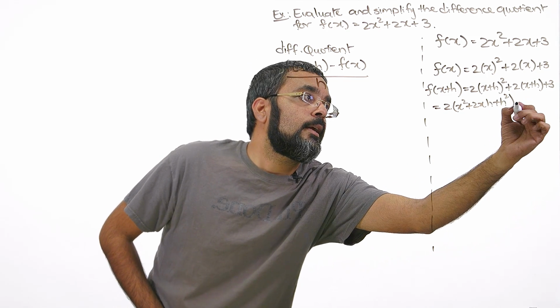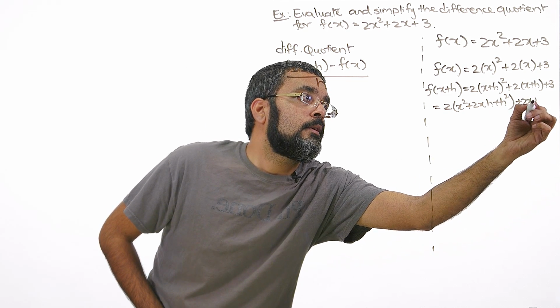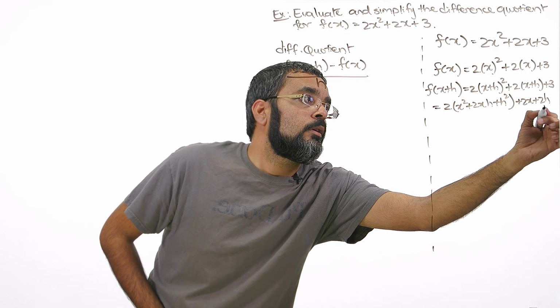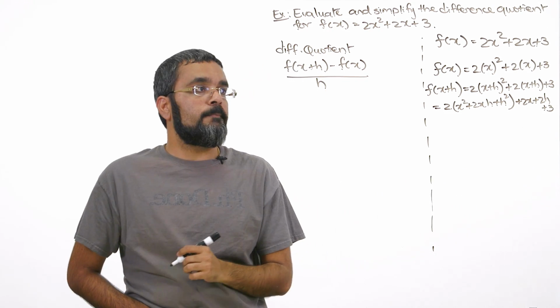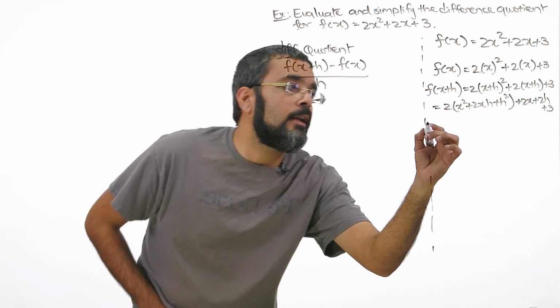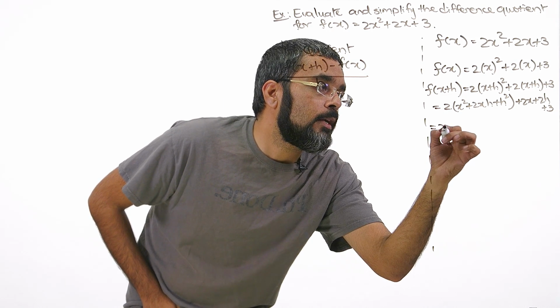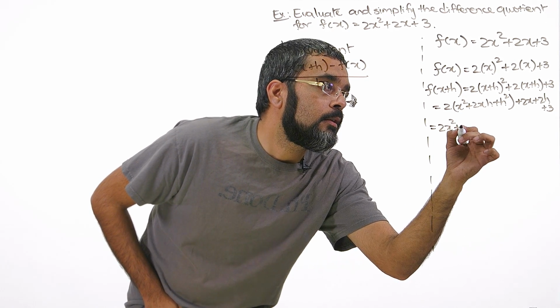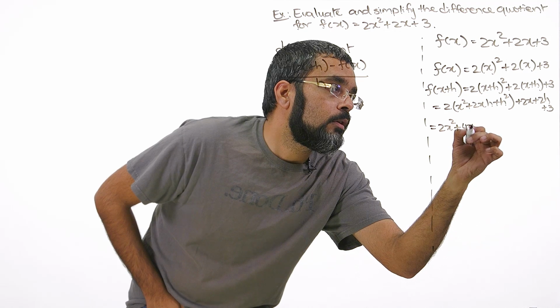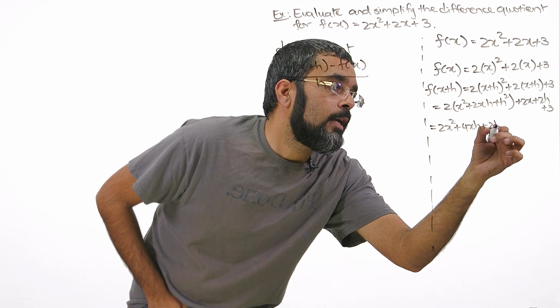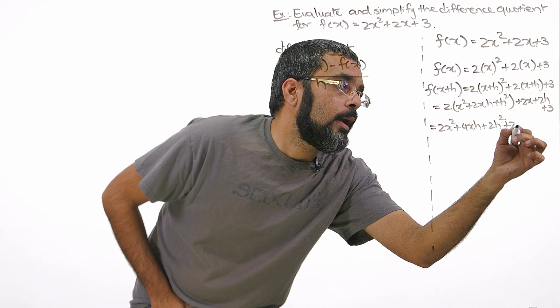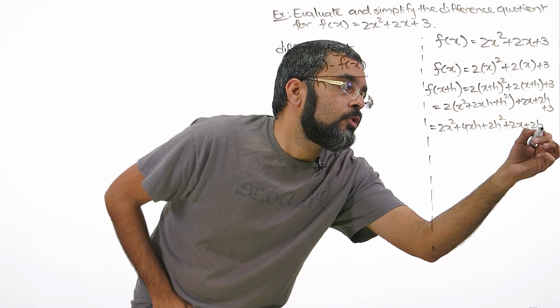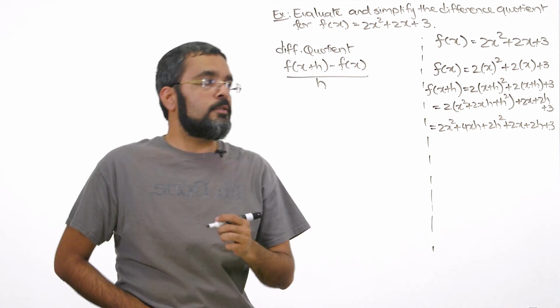Distribute the 2 inside, I get plus 2x plus 2h plus 3. Okay, and so finally f of x plus h is going to be 2x squared plus 4xh plus 2h squared plus 2x plus 2h plus 3.